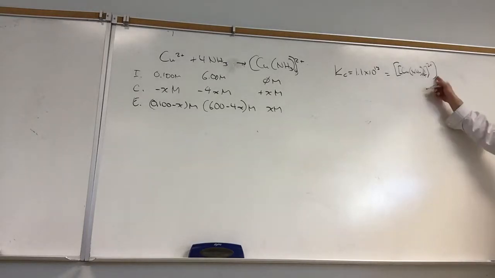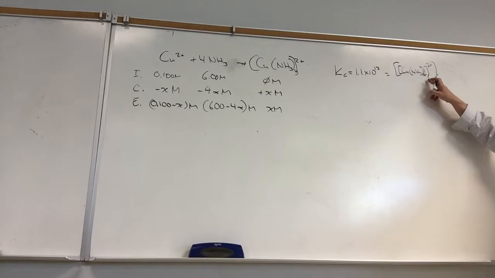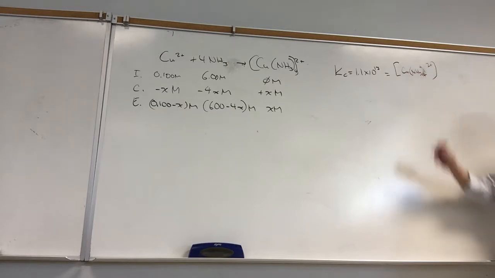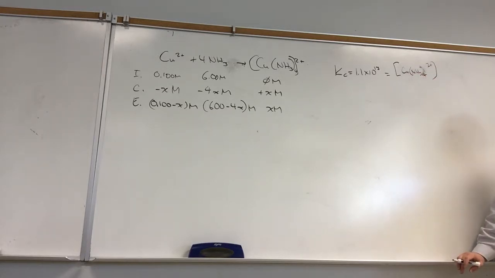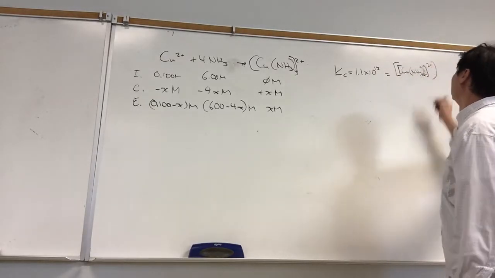This would be the concentration of the complex. But what I'll probably end up doing is getting rid of this set of square brackets, so let's say the molar concentration of this complex, just to keep it easier, but for right now, I'll leave it in there.